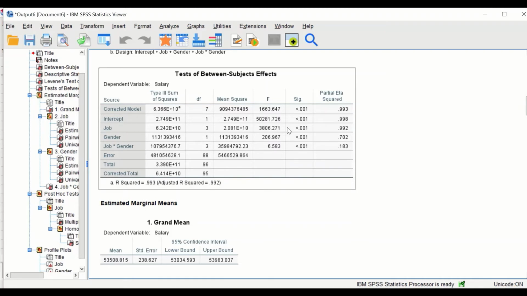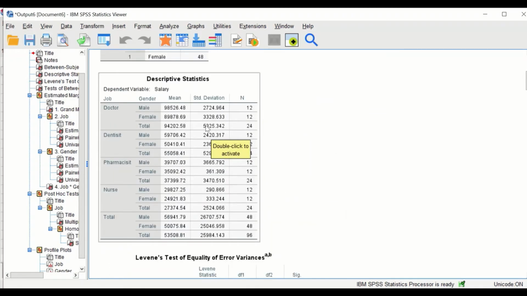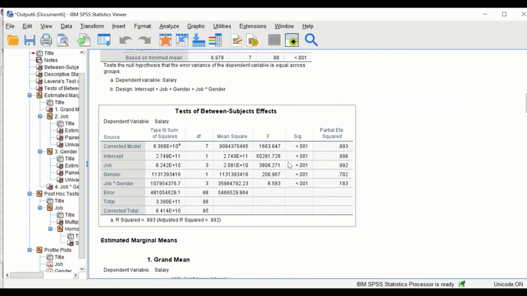So for the first factor, the effect of job on the salary, or whether the salary is affected by whether you are a doctor or a dentist or a pharmacist or a nurse, it shows that there is a significant difference. So job category has an influence on the salary, and as we see here, doctors have higher salaries compared to dentists and pharmacists and nurses.